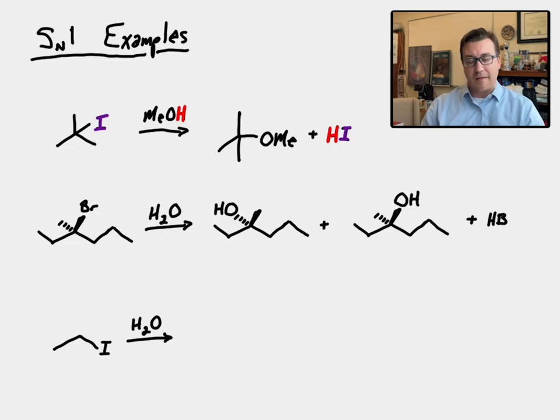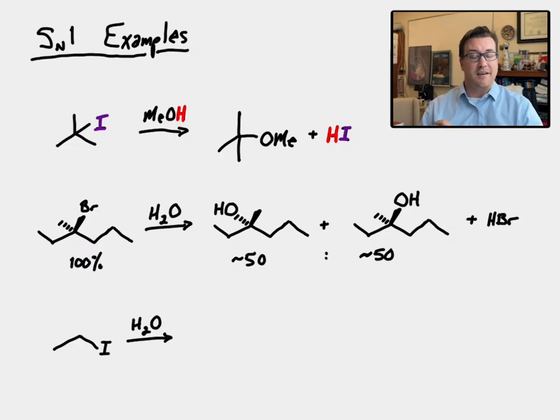I'll point out that because we had this planar carbocation that was generated when the halide was gone, the nucleophilic water is going to approach from either side of the molecule. And again, you'll have the remainder of HBr as the acid. You'd likely get about a 50-50 mixture if you started with a single enantiomer of the starting material.